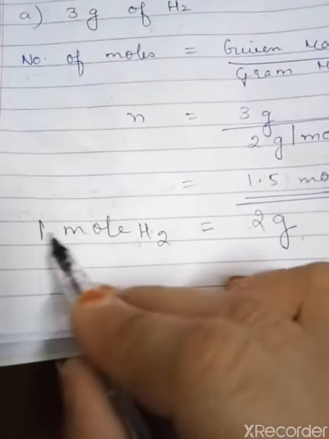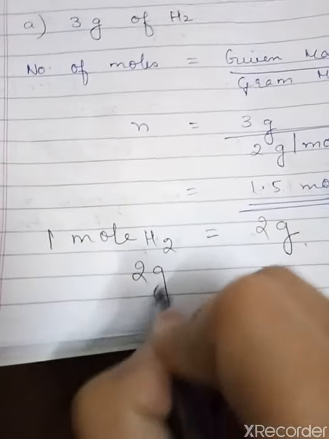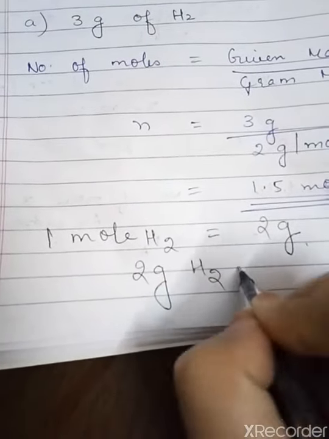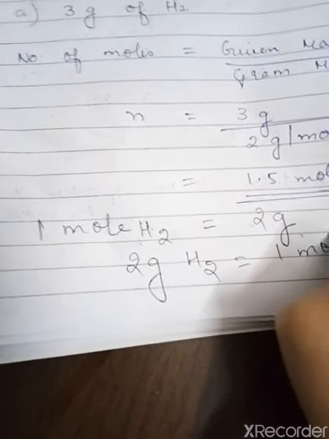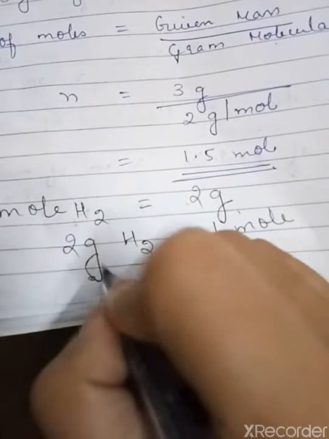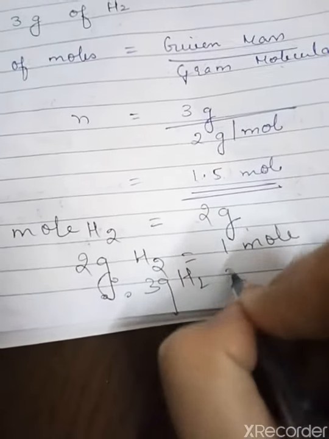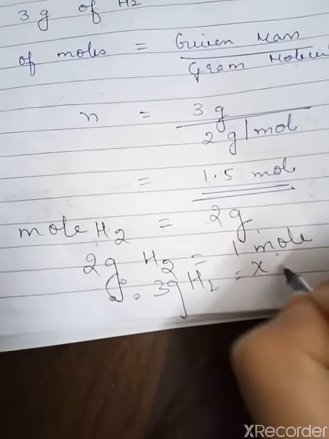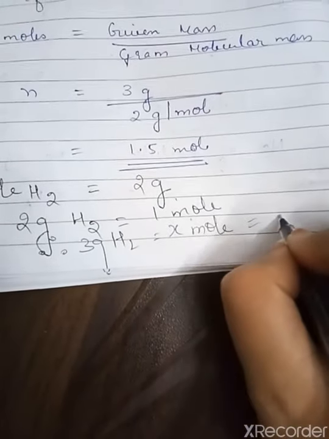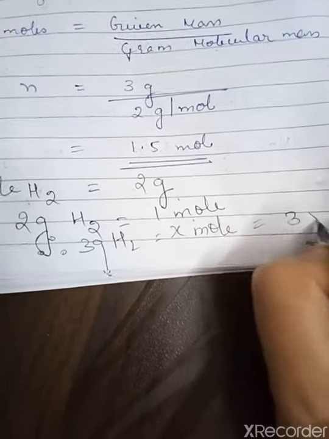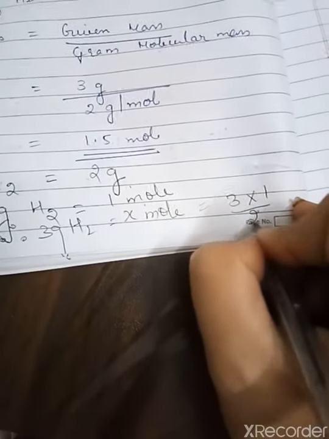So 2 gram is equal to 1 mole. I can write 2 gram of hydrogen is equal to 1 mole. Therefore 3 gram of hydrogen is equal to x mole. So solve for x, which is equal to 3 into 1 by 2.